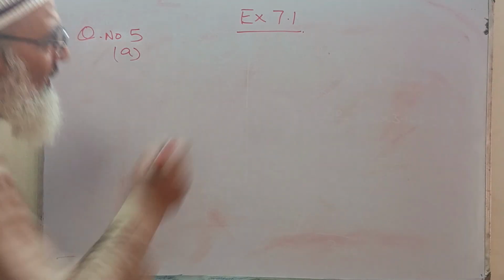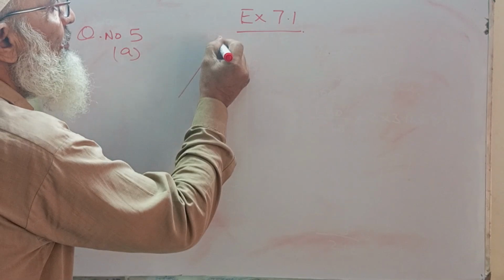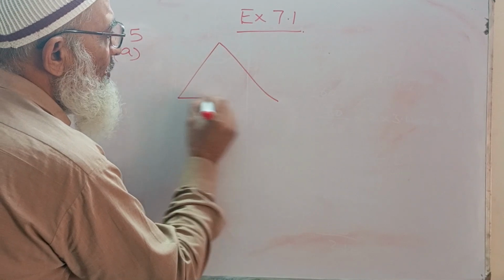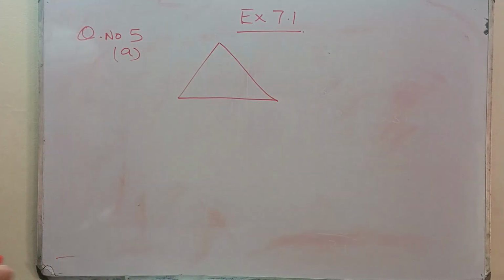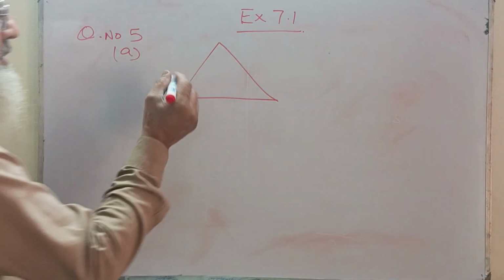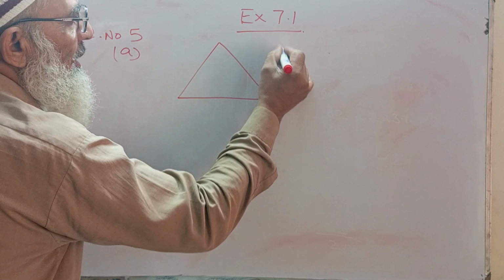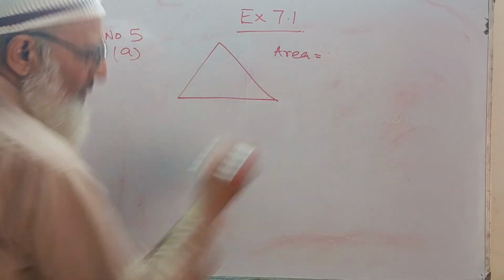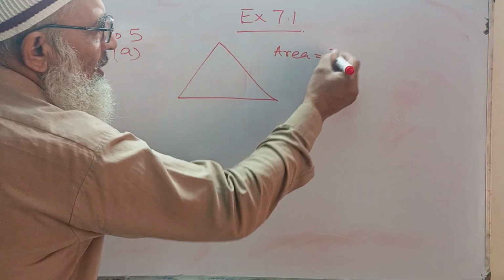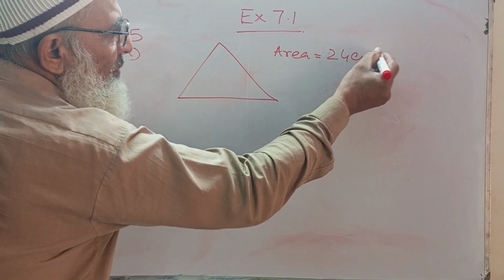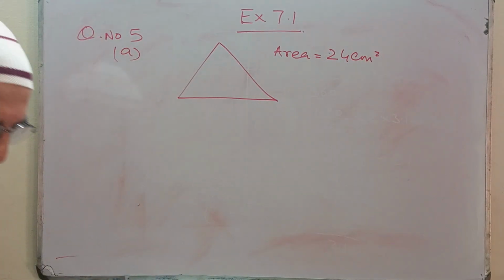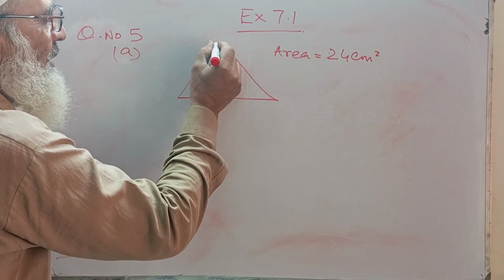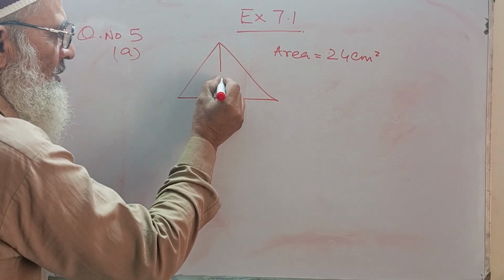So first, A is very interesting and very easy, so no need to worry. The area which is given is 24 centimeter square, and the height h is not given to us.